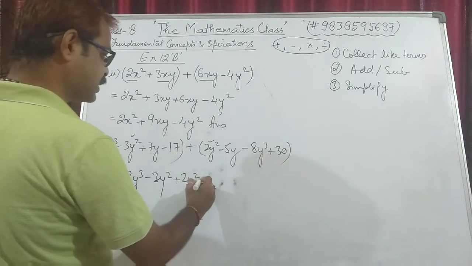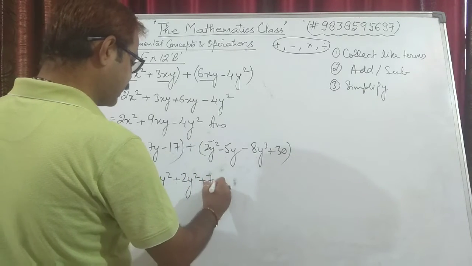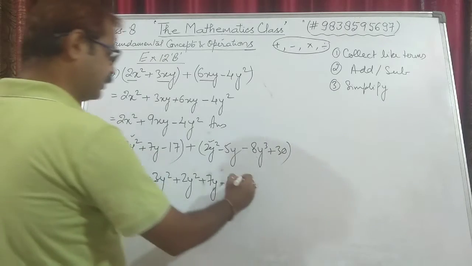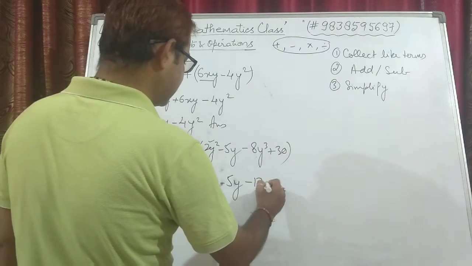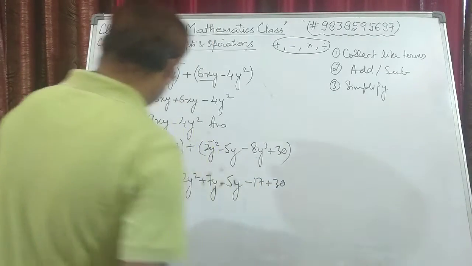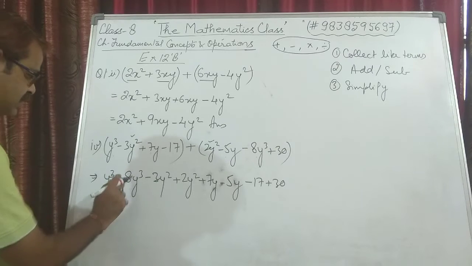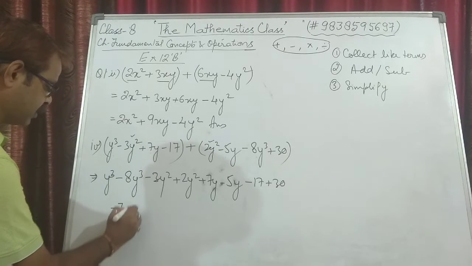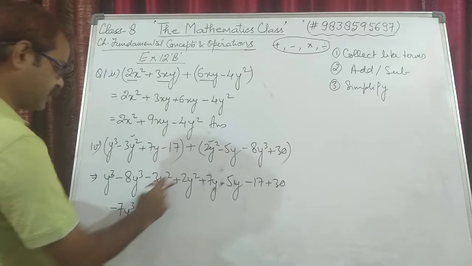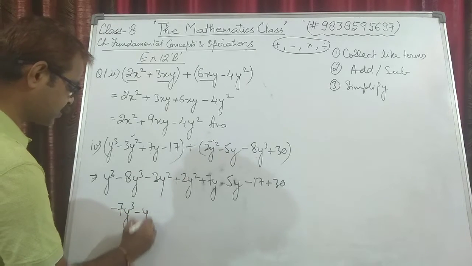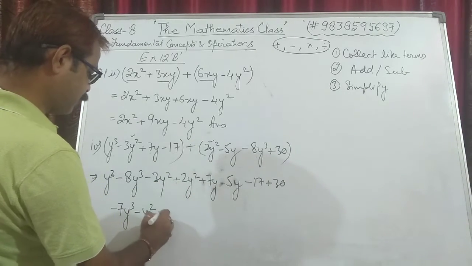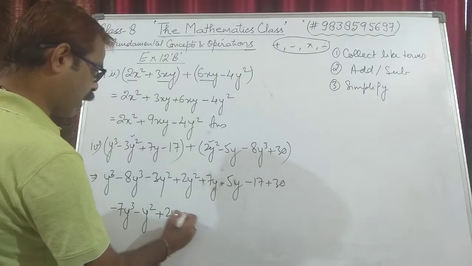Then plus 7y and minus 5y, and then minus 17 and plus 30. Now y cube minus 8y cube will give you minus 7y cube. Minus 3 plus 2 will give you minus y square. Plus 7 minus 5 will give you plus 2y.